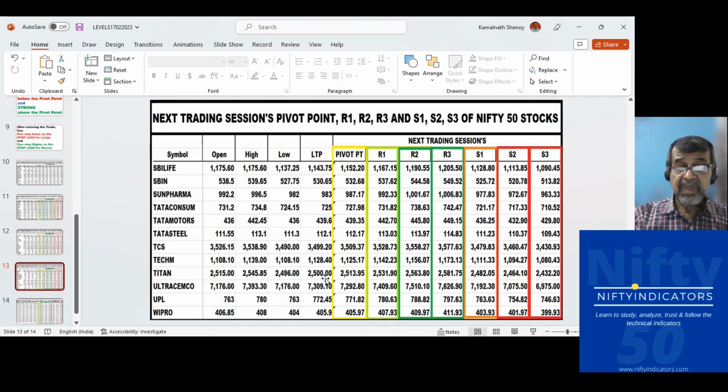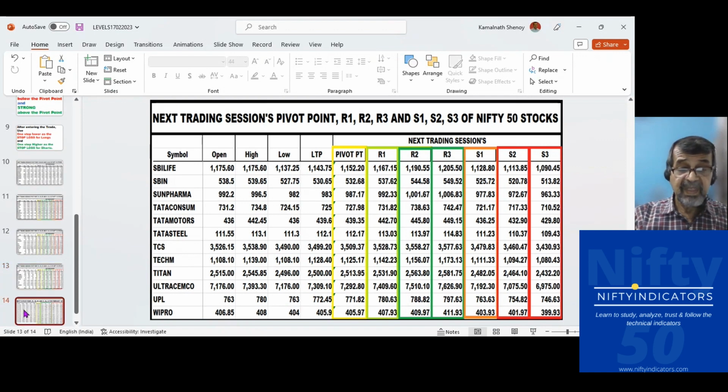We have Monday's pivot point, R1, R2, R3, and S1, S2, S3. We have it ready with us. So if we are trading in any of these stocks, we better keep in mind these levels.